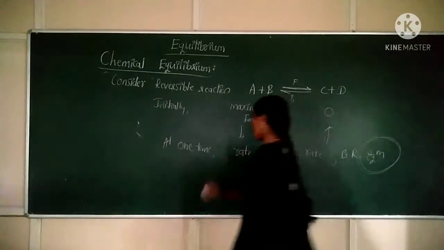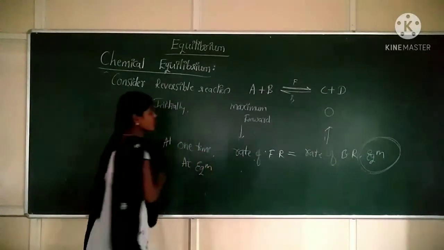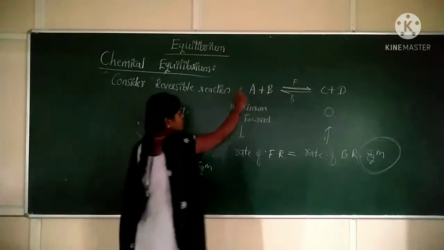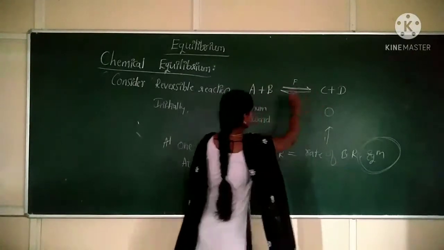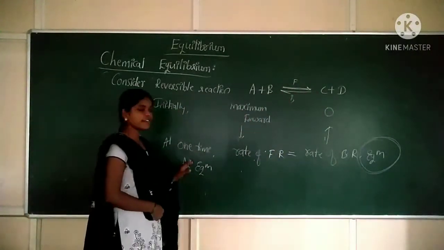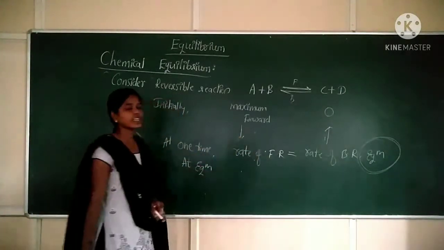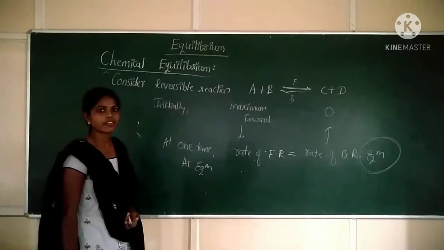Now, at equilibrium, the concentration of reactant as well as the concentration of product remains constant. A state of equilibrium is reached. At equilibrium, the concentration of reactant as well as the concentration of product will remain the same.